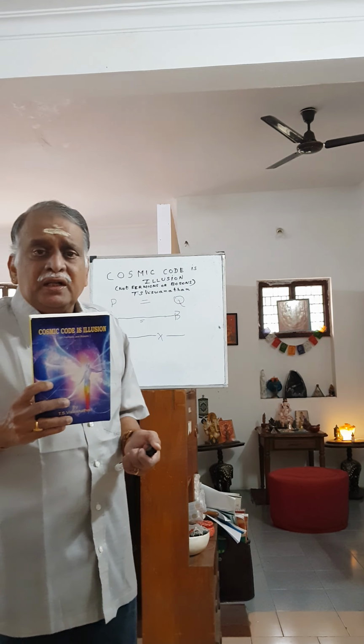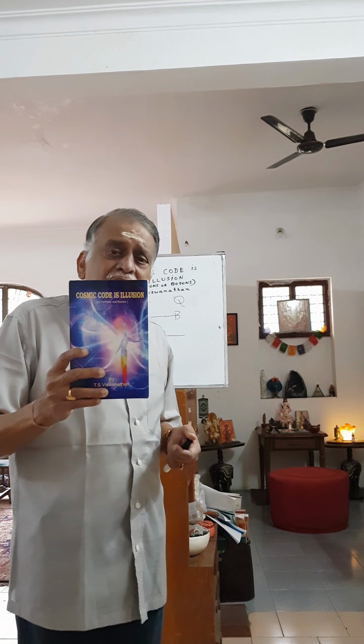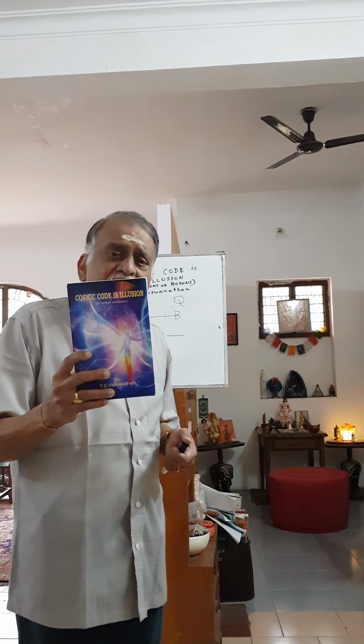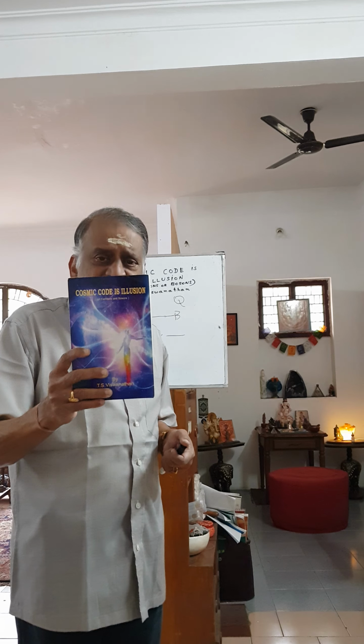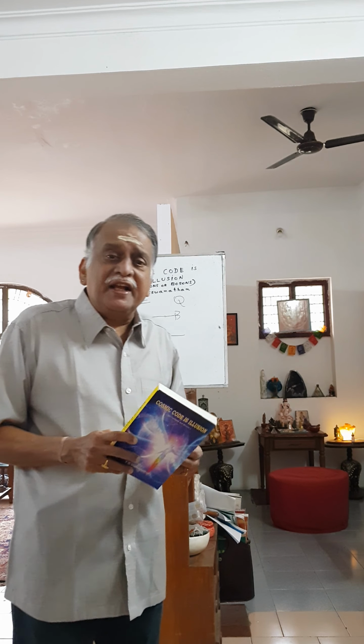It doesn't die, it doesn't perish, it changes its form. When I got this book, I got an idea. I published my book in 2017, and in 2016-17 I started writing, and I said in this book, cosmic code is illusion, not even fermions and bosons, because everything has to be illusory.